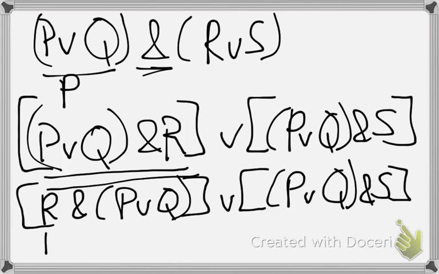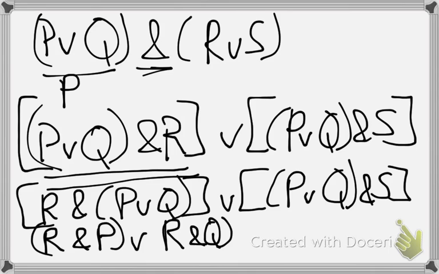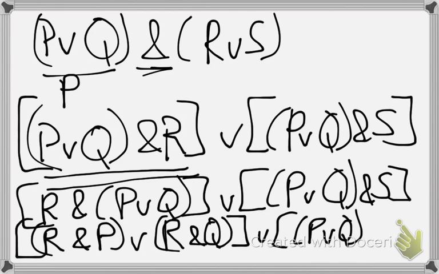And then we could do R and P or R and Q, or we're just going to leave this side alone. So you can see you can very quickly get some fairly nasty looking formulas. You've got to make sure you keep all your ducks in a row.